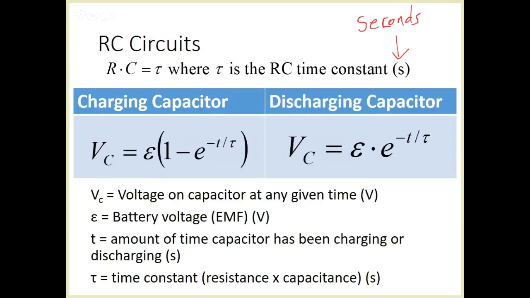When you are discharging a capacitor, you have to have started with a charged capacitor, not necessarily fully charged. Over time, that voltage will decrease and head towards 0. So charging, you're going from 0 to a full value. Discharging, you're going from a full value to 0. Either way, it's an exponential curve, either exponential growth or decay.